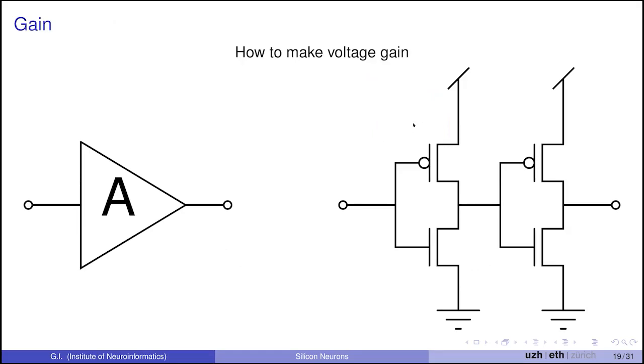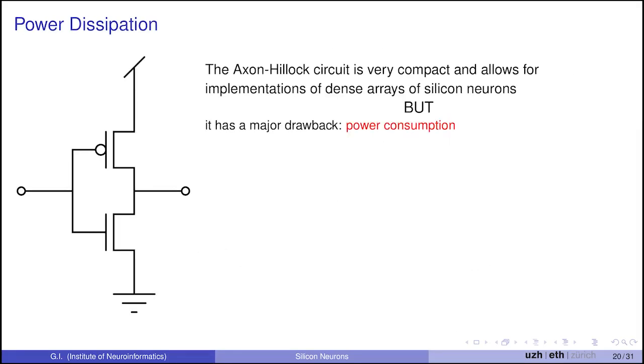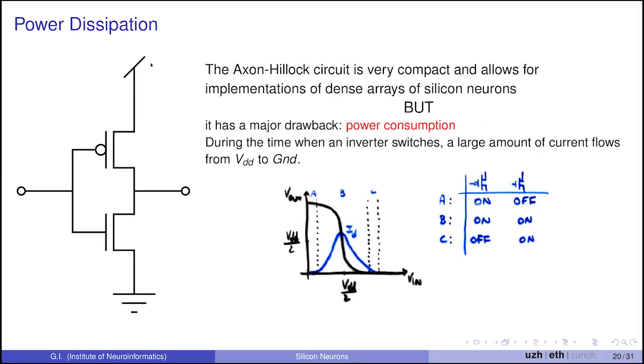So that means that when you're hovering around the inverter's threshold for fractions of milliseconds, you have both PFET and NFET fully on, and you have a short circuit between ground and VDD for fractions of milliseconds.